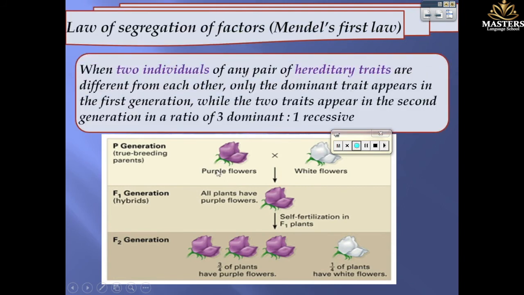After we solve the problem, now we wanted to know the first law of Mendel, which is called the Law of Segregation of Factors. Segregation means separation of factors.